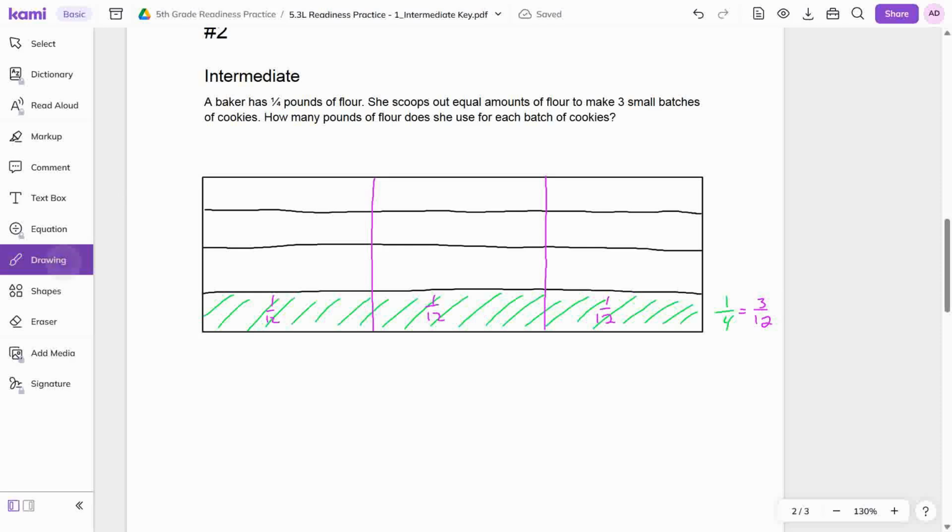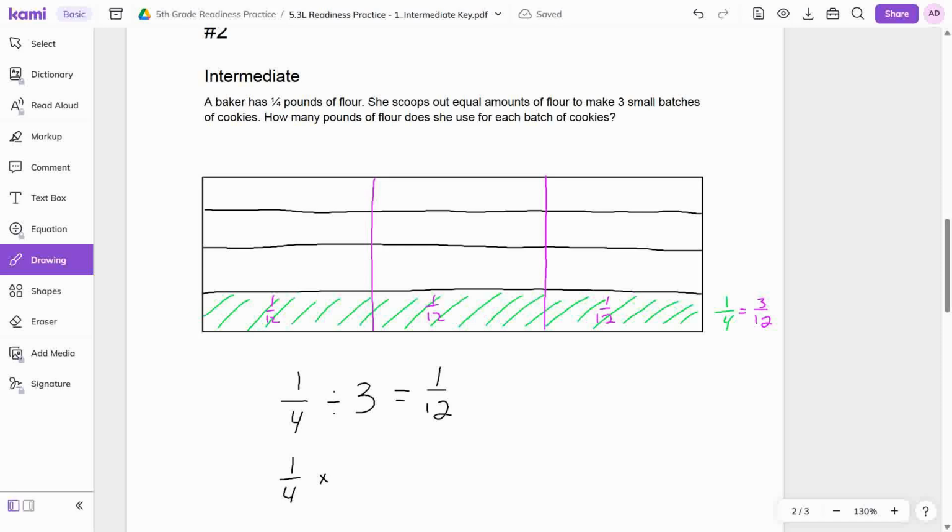Okay, so we could also do it like this. We could say we've got 1/4, right? We're dividing it by 3, and that equals 1/12. We're going to do that same thing. We're going to do the 1/4. We're going to change our division into its reciprocal or its opposite. That's going to be multiplication.